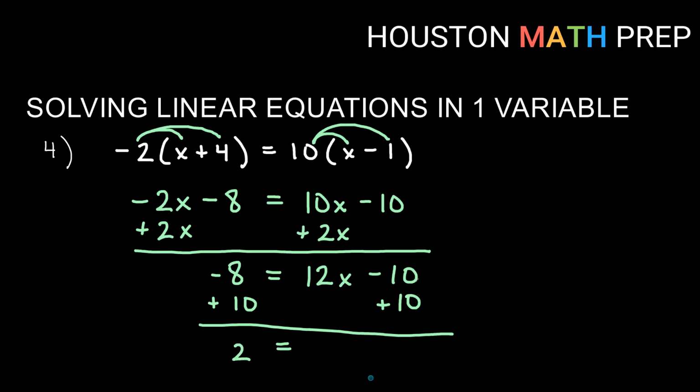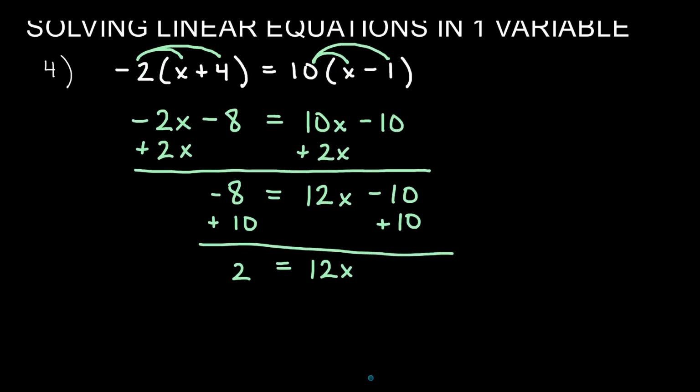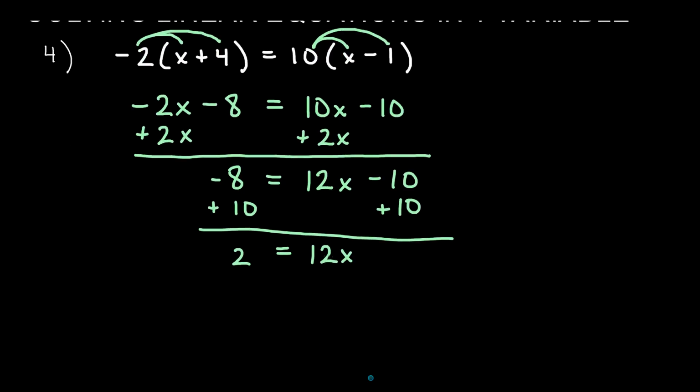My minus 10 won't be there anymore, so I'll just have 12x. And now I have 2 equals 12x, so I need to simplify the x term all the way, which means get rid of the times 12. I need to divide by the 12. That will help me get rid of the multiply by 12. So I get 2 over 12 equal to x.